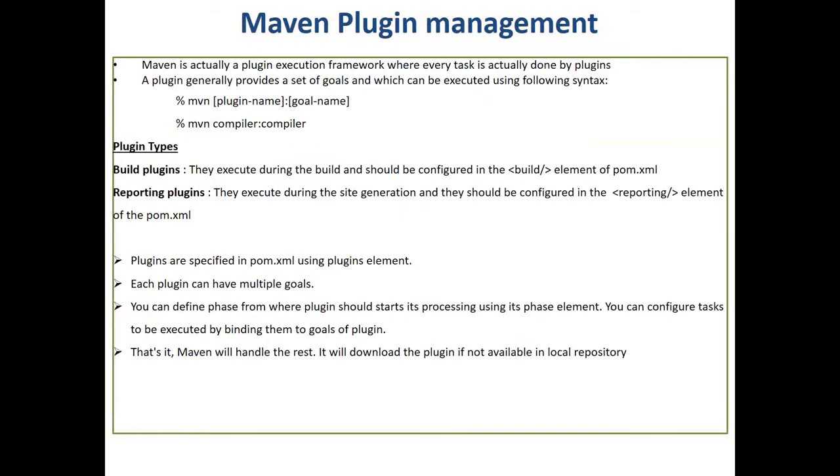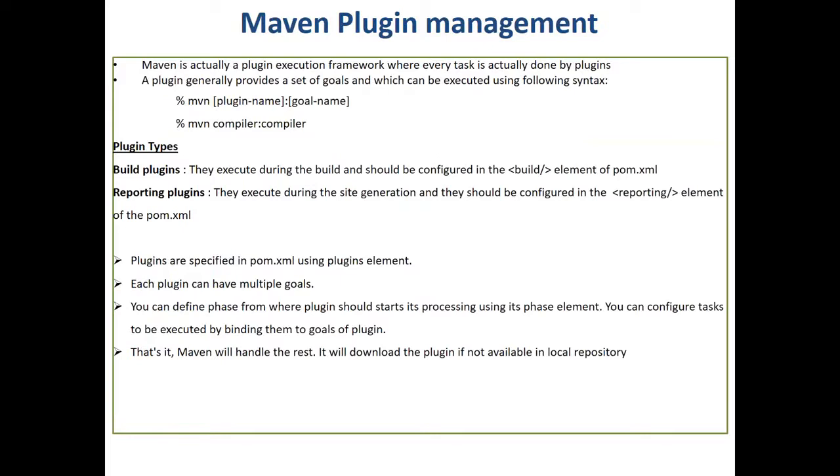But other than that, any kind of plugin that you will usually be using will be of the type build plugin only. So the default lifecycle of Maven is also going to be a part of build plugins only.